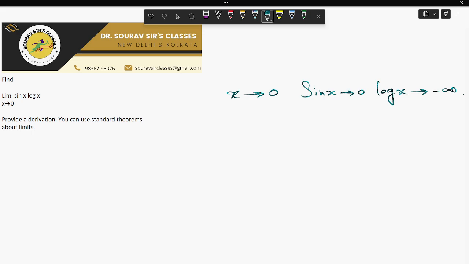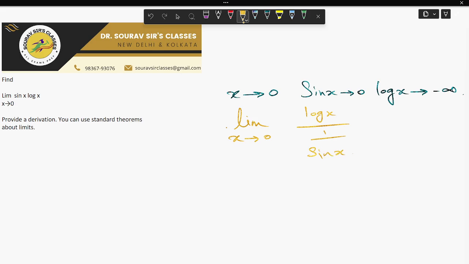Okay, so let us rewrite the limit in this form. Limit x tends to 0 of log x by 1 by sin x.